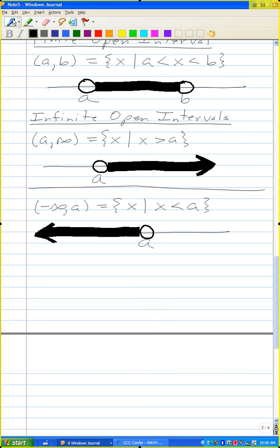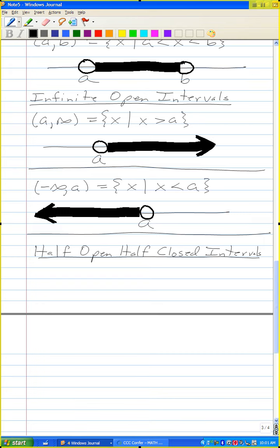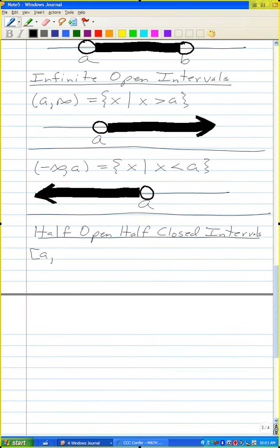The half open, half closed intervals. And so suppose that we include A, but not include B. So a set of all x's between A and B. Actually, maybe let's move this up a little bit.